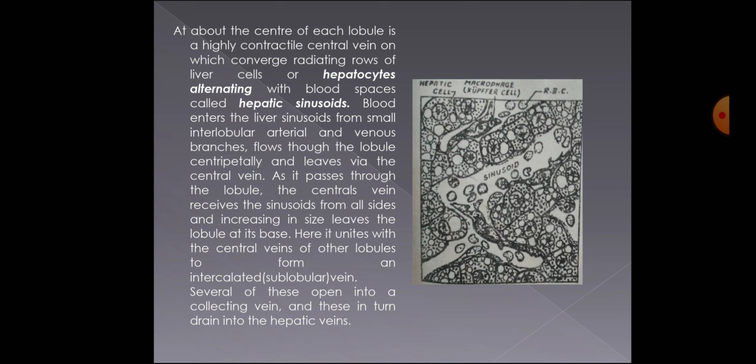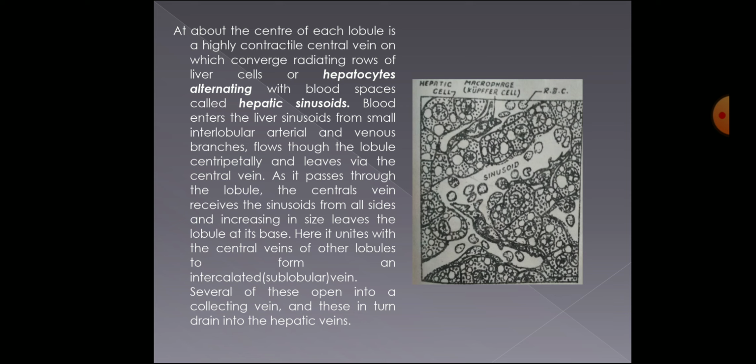Here, it unites with the central veins of other lobules to form the intercalated vein. Several of these open into the collecting vein and then in turn drain into the hepatic vein.